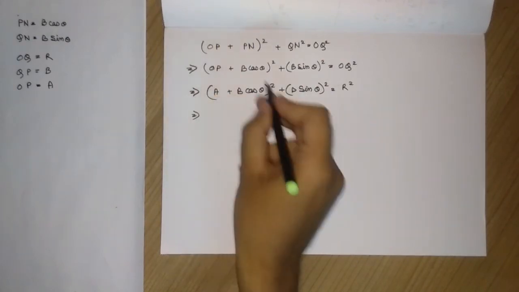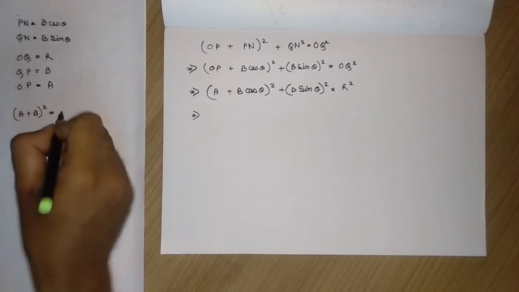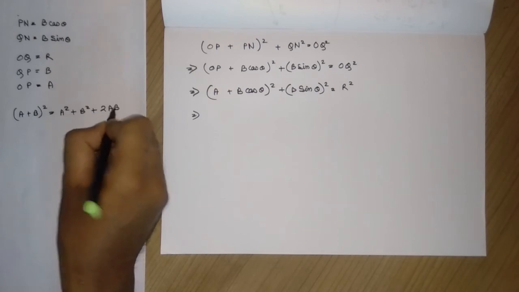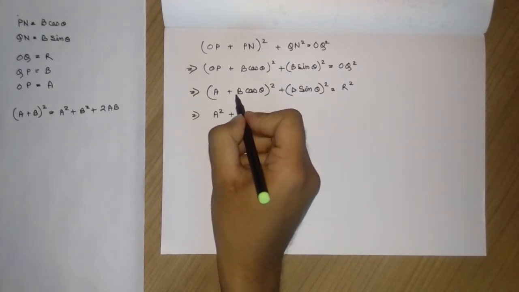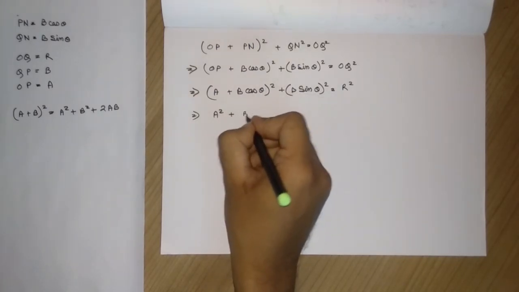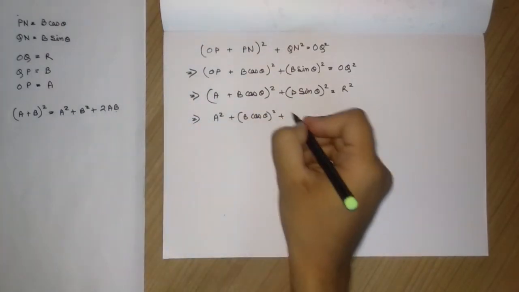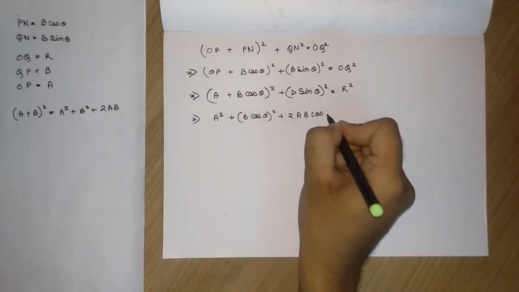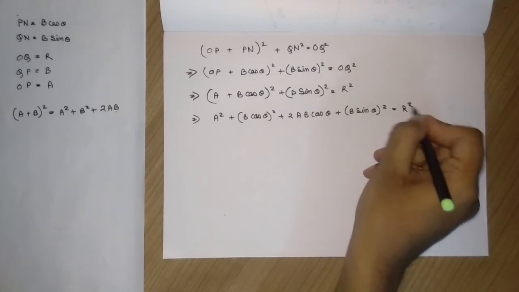Using the formula (A plus B) whole square equals A square plus B square plus 2AB, applying it here: A square plus (B cos theta) whole square plus 2 into A into B cos theta, plus (B sin theta) whole square, which will give you R square.